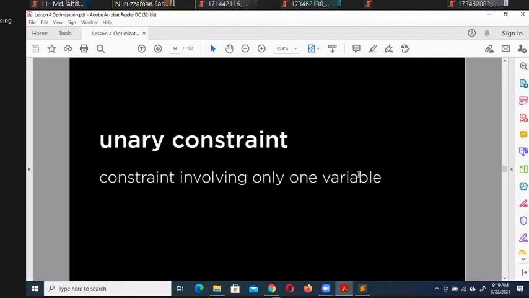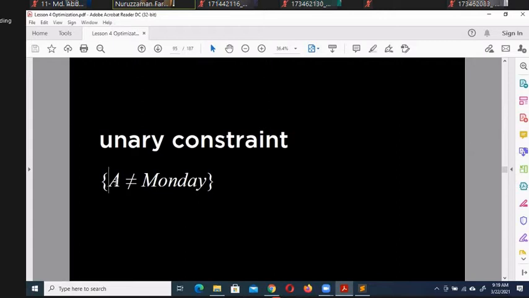So let's start studying these different types of constraints. When we have only one constraint, such as A cannot be equal to a certain day, it's called a unary constraint. Unary comes from uni. Uni means one. From there we have derived this word unary.